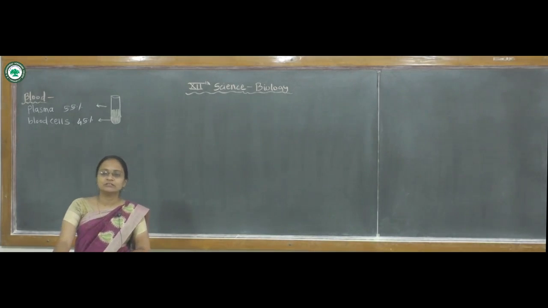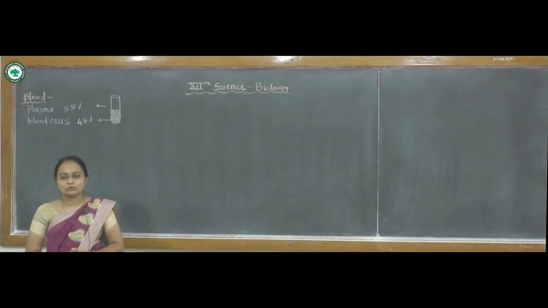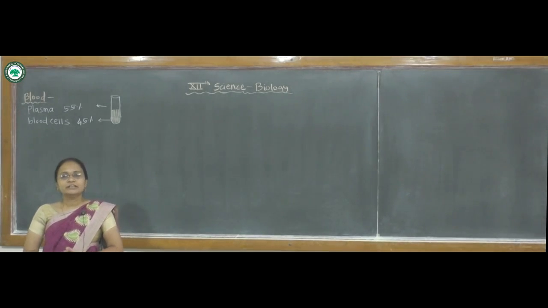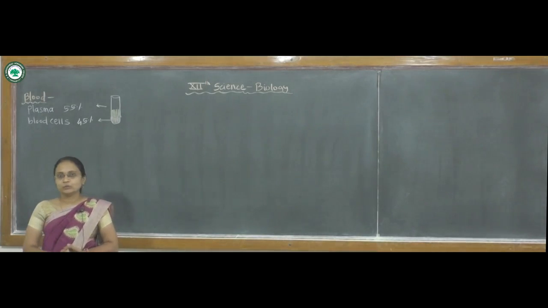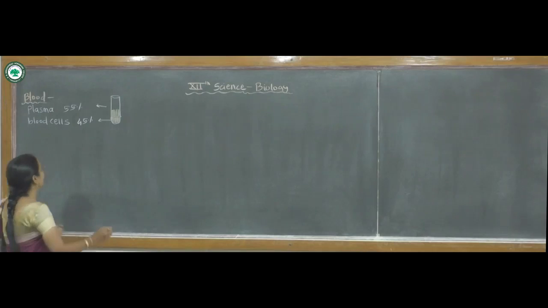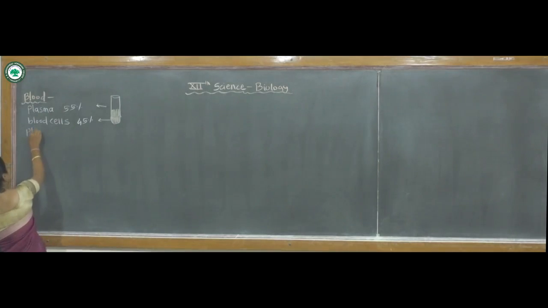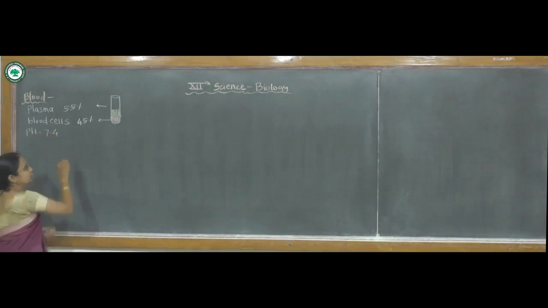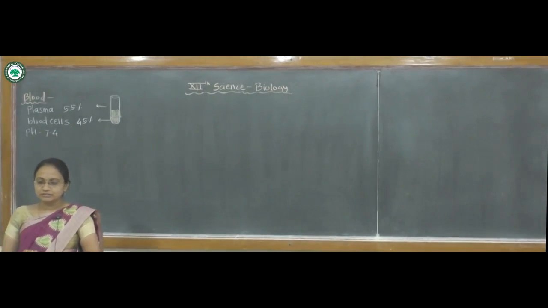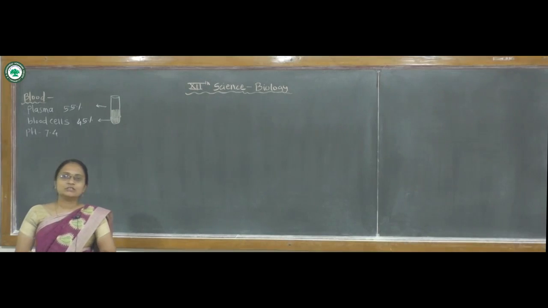Just like that, the blood cells originate from the embryonic mesoderm, and blood is a fluid connective tissue. Generally it has an alkaline pH of near about 7.4. In human blood, the pH is 7.4. It is salty in taste, a viscous fluid, and heavier than water.